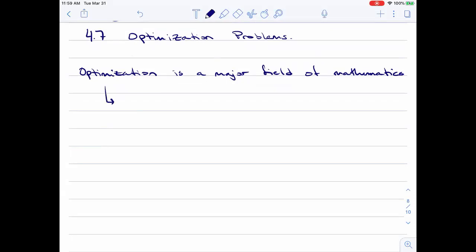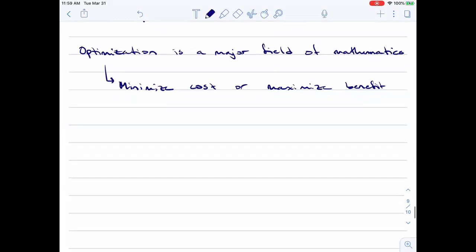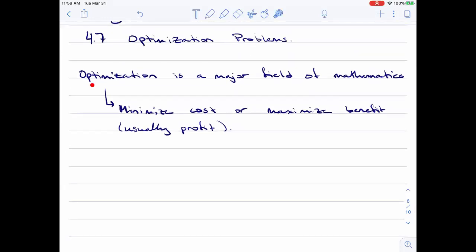Things like if you want to minimize cost or maximize benefit, right? Benefit in general, usually profit, but it can be anything. Okay. So because of what we've learned, optimization is usually a maximum or minimum, right?